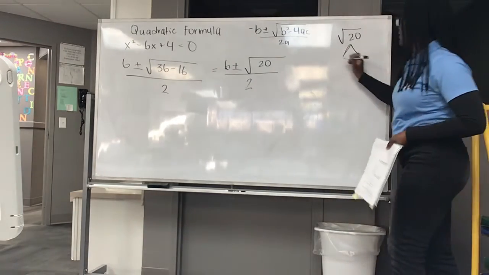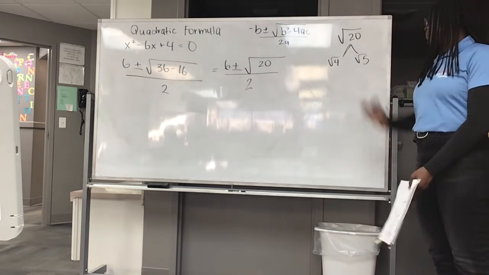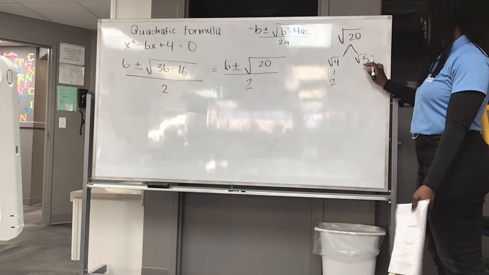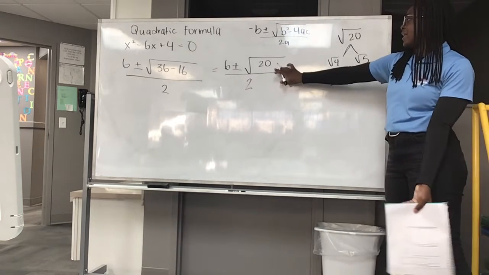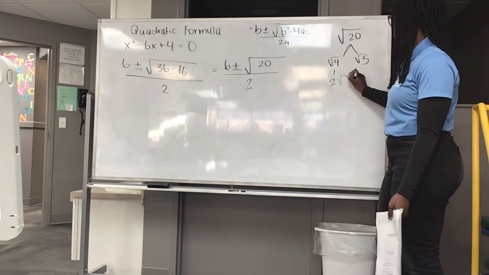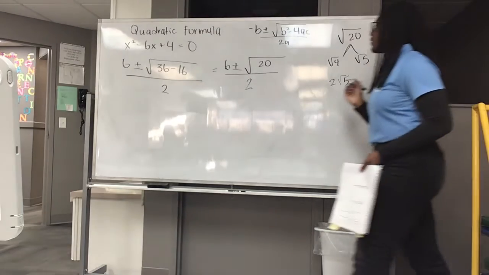So I can break this into square root 4 and square root 5. The square root of 4 is actually 2, and square root of 5 can't be simplified anymore, so just square root 5. So I'm going to change my square root 20 into 2 square root 5, just to help me simplify things down a bit.